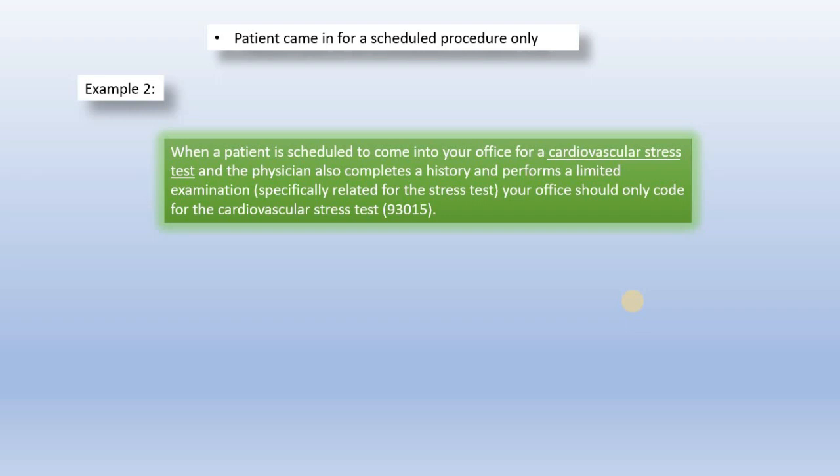Here patient came for scheduled procedure or service like cardiovascular stress test, and physician completes history and limited physical examination, but it is completely related to the stress test. So no need to bill E/M and Modifier 25, because Modifier 25 always bills with E/M codes, and bill cardiovascular stress test CPT 93015 alone.